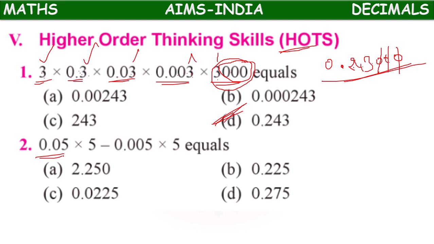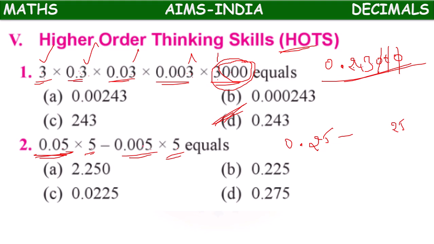Next, 0.05 into 5, 0.005 into 5 equals. So 5 times 5, how much? 25. Here 2 decimal places, so after 2 decimal places point. So this value is 0.25 minus. Here also 5 times 5, 25.